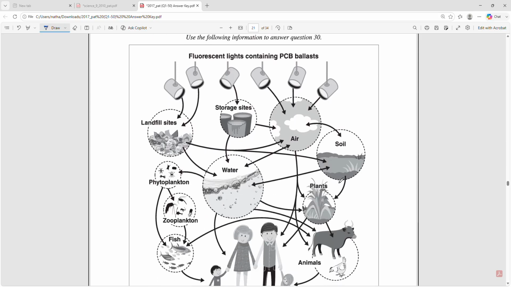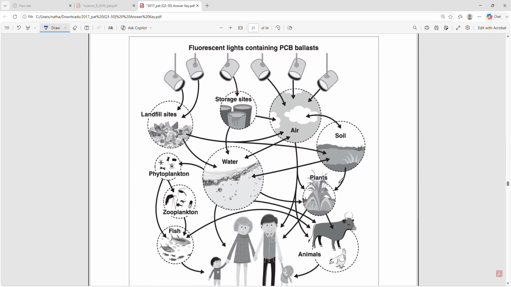Okay, next question. We have fluorescent lights containing PCB ballast. So PCB is a known toxin that they do not use anymore. But this is showing, what are we seeing? We're seeing it's getting into landfill sites, into storage sites, into the air, from the storage sites into the air, from the air into the soil, probably through precipitation, kind of like acid rain.